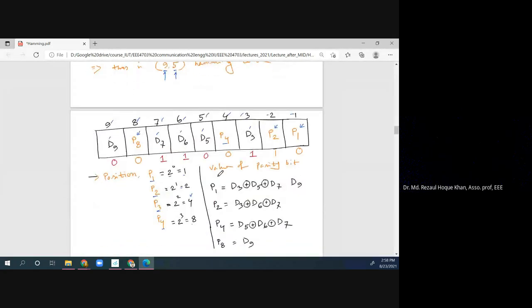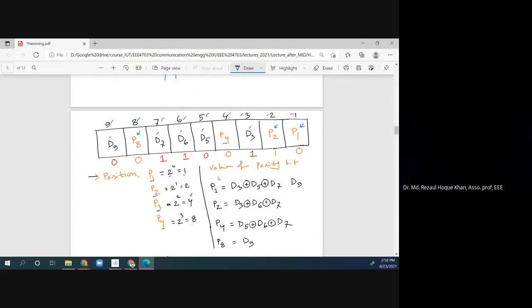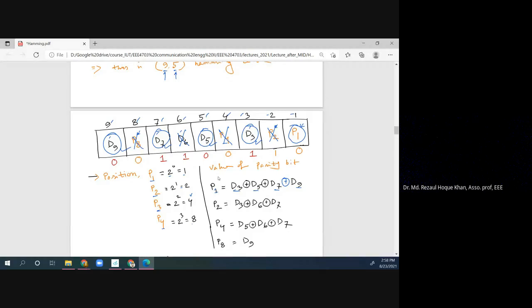Now we will find P1. What was the formula for P1? Remember: check, skip, check, skip. Check means D3, D5, D7, D9, so they will be XORed.